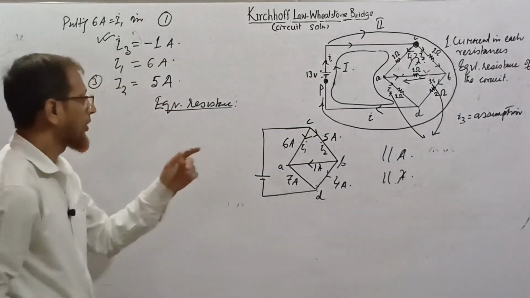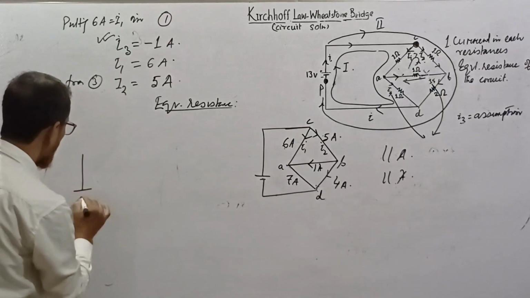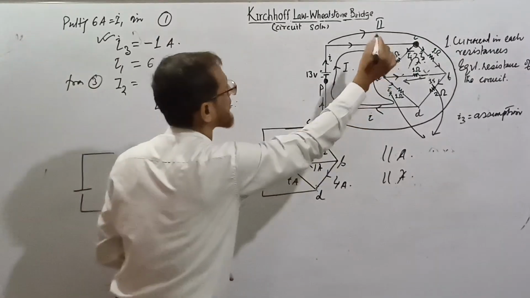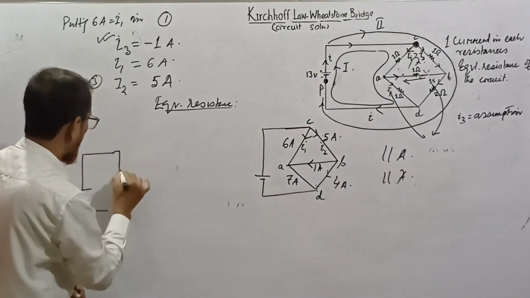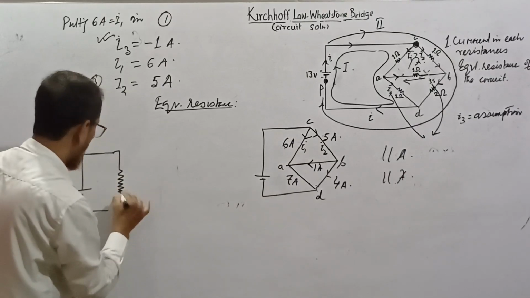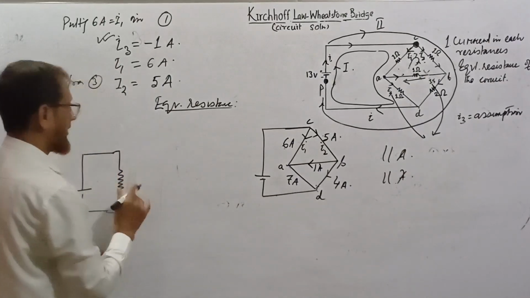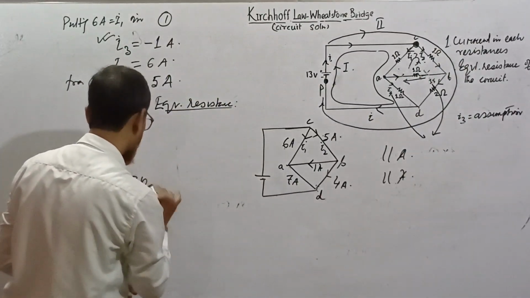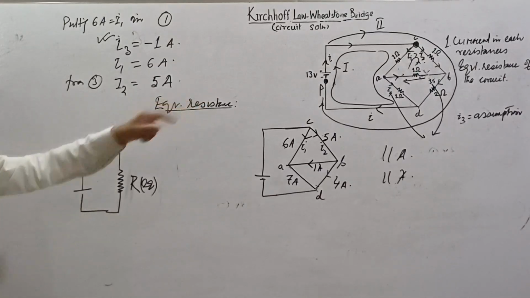Am I right? So we can say that if we simplify this in this way, and all these resistances are made in this way, whatever way they are arranged, this is the equivalent resistance. We need to calculate the equivalent resistance.